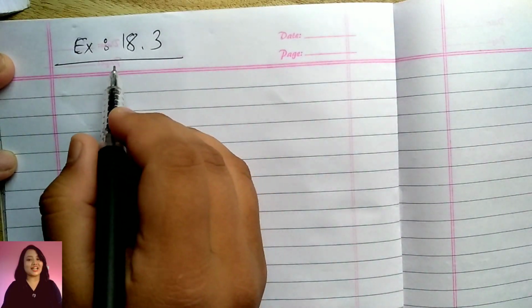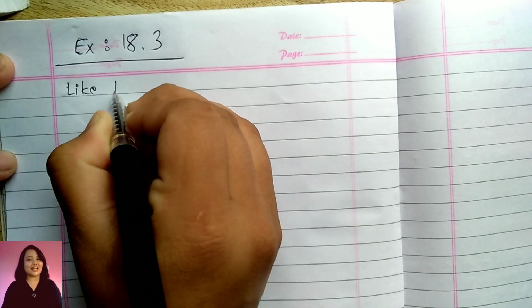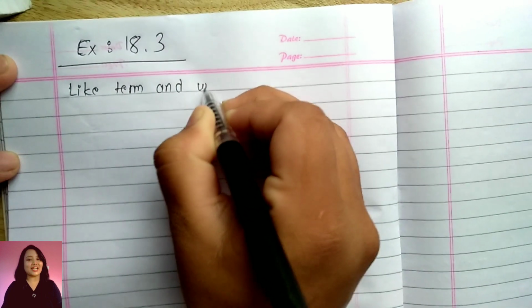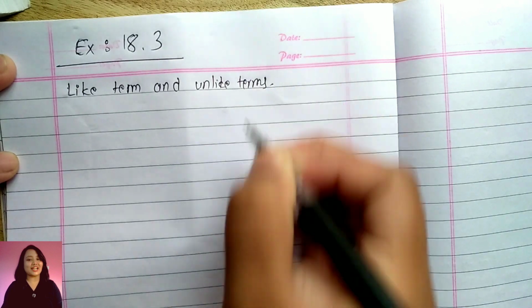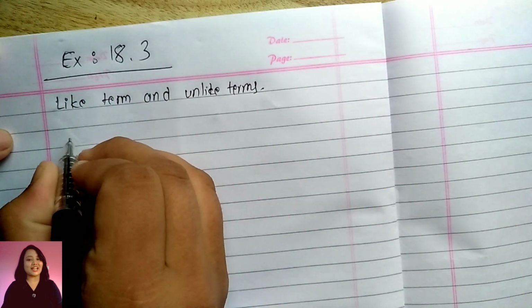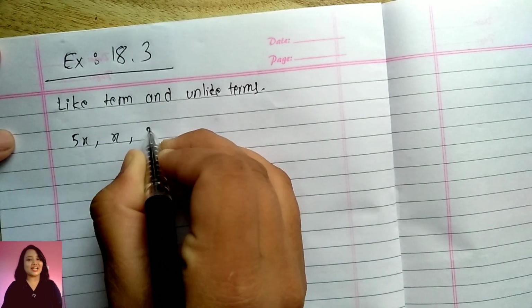So today we'll be discussing 18.3 and also the like terms and unlike terms. What does a like term mean and what does an unlike term mean? Suppose we take an example like 5x, x, 3x.